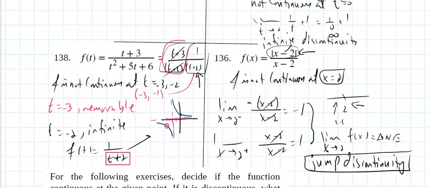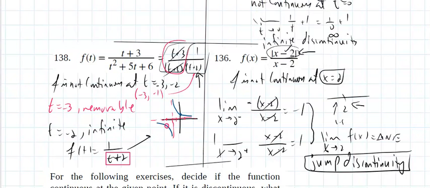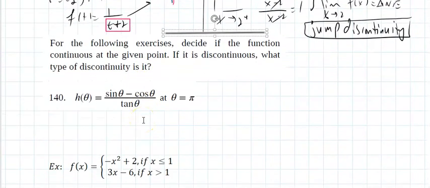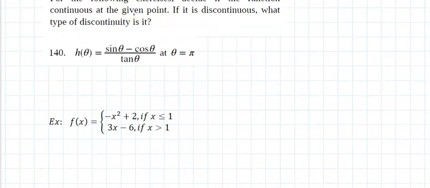All right. Next list of problems. It's asking, decide if the following function is continuous. And again, we're only worried at the following point. If it is not continuous, say what type. Well, let's see.